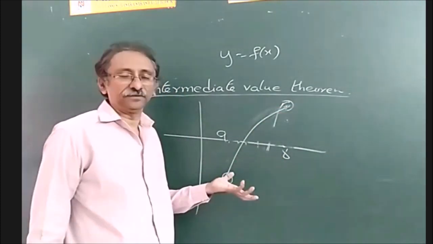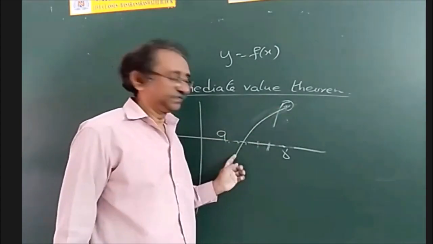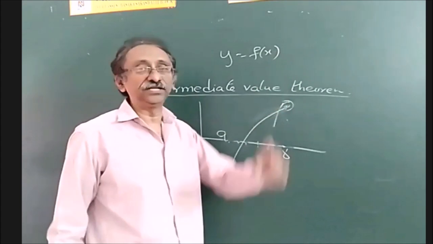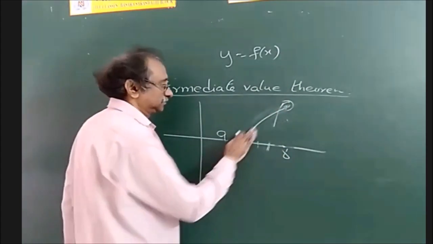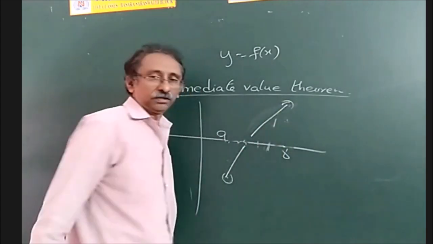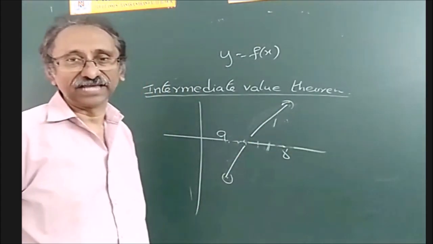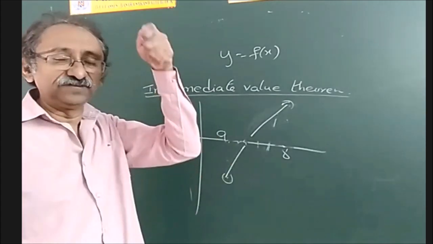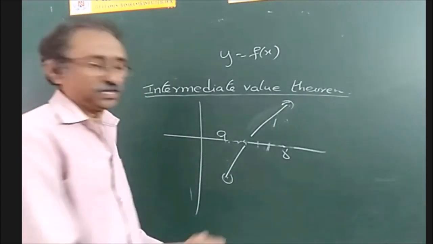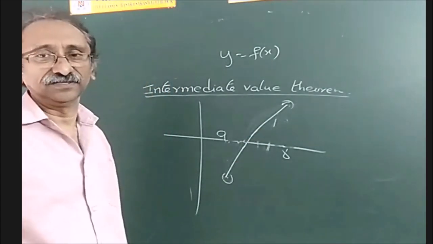Now, can you give me any graph without crossing the x-axis if the function is continuous? You may say, sir, I will draw like this and give a gap. But it is not like this, without lifting the pen. That means the function must be continuous. Then definitely it should cross the x-axis.